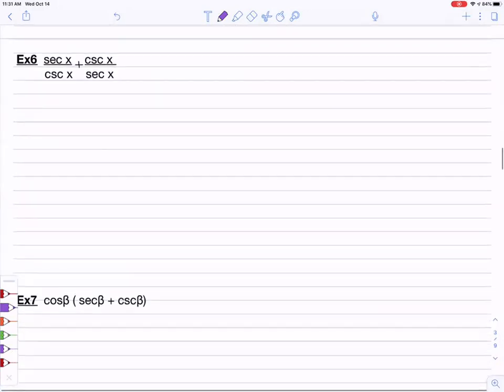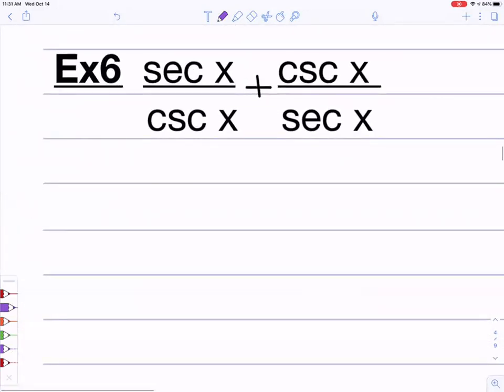Okay, number 6. What's the rule for adding and subtracting fractions? Yeah, you've got to have a common denominator. I've got 2 options.